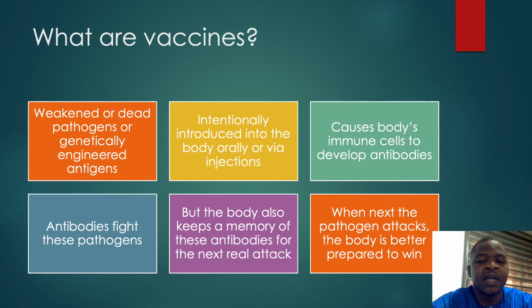And once the pathogen attacks in form of an infection, maybe weeks, months, years later after vaccination and then immunization that occur after vaccination, the body is now more prepared to win. And obviously, the body then wins better and is not overwhelmed by the infection caused by that pathogen. So that's basically what vaccines are.